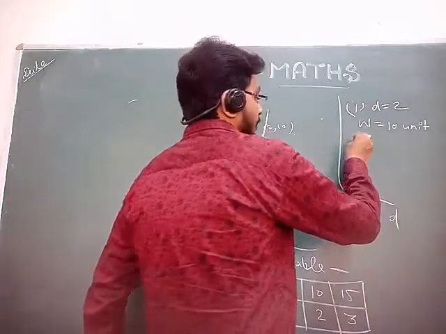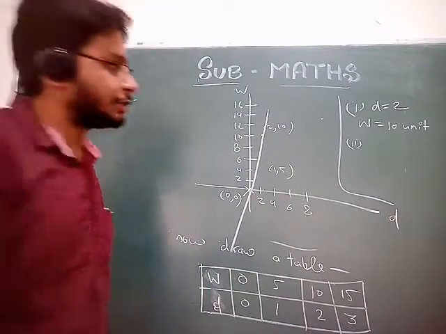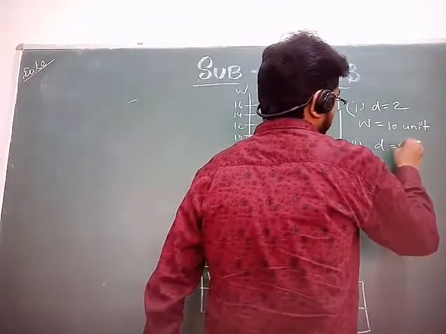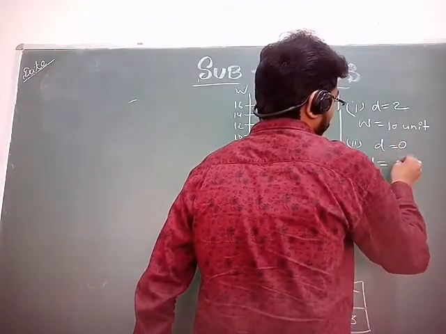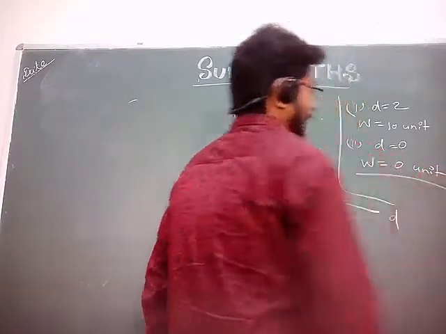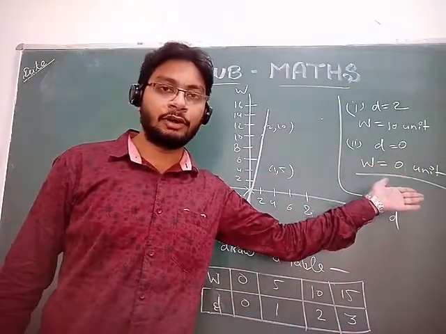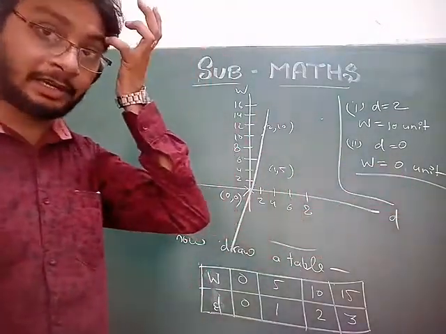Now the second part: when D is equal to 0, you will get W is equal to 0 units. If distance traveled is 0, then work done will also be 0. Okay, is it clear?